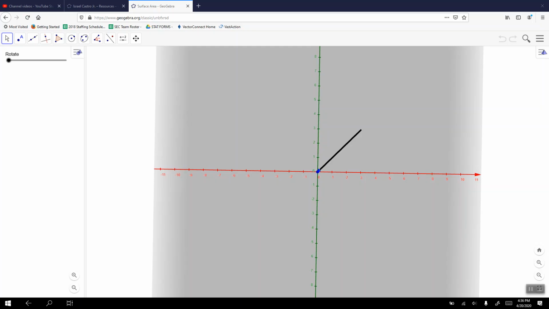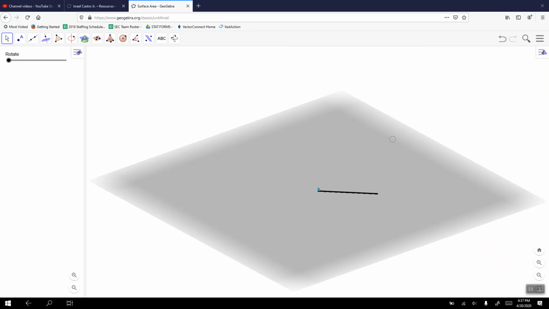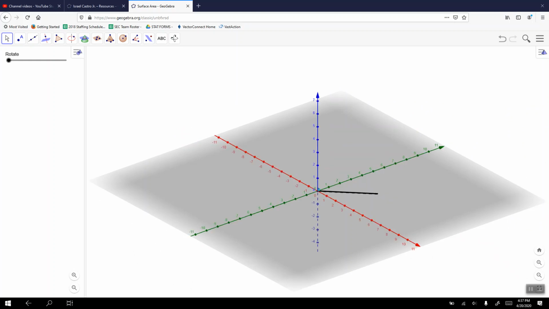So here we are. I've programmed this to have this arc length here. Now, is this a function? Sure it is. It's just a linear function, which is not too bad. This function sits just on the x and y plane. Sorry about that.